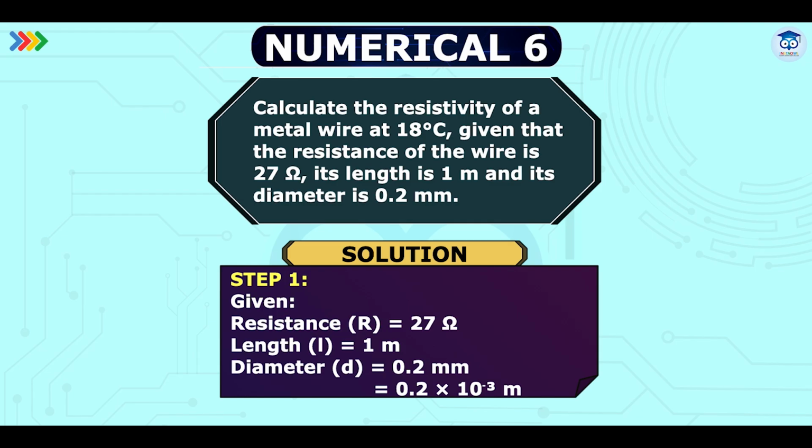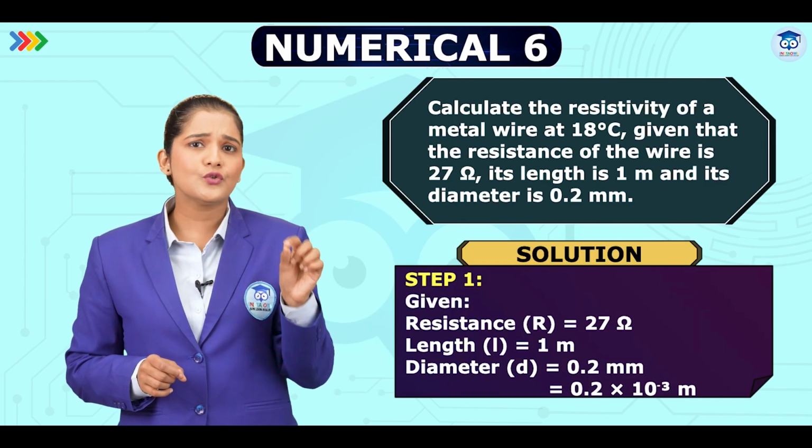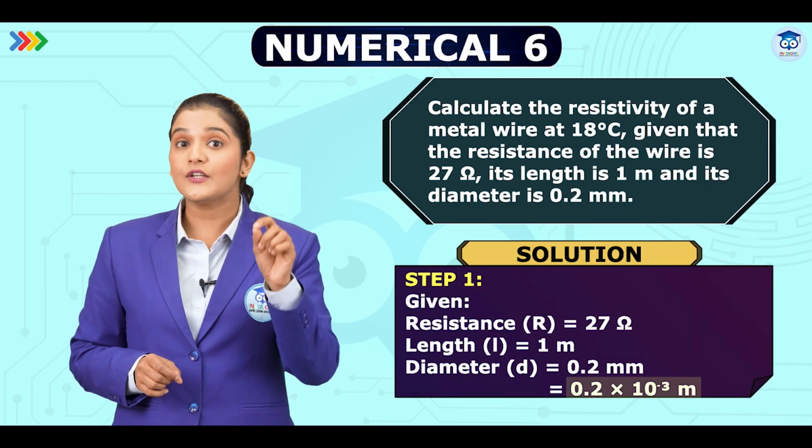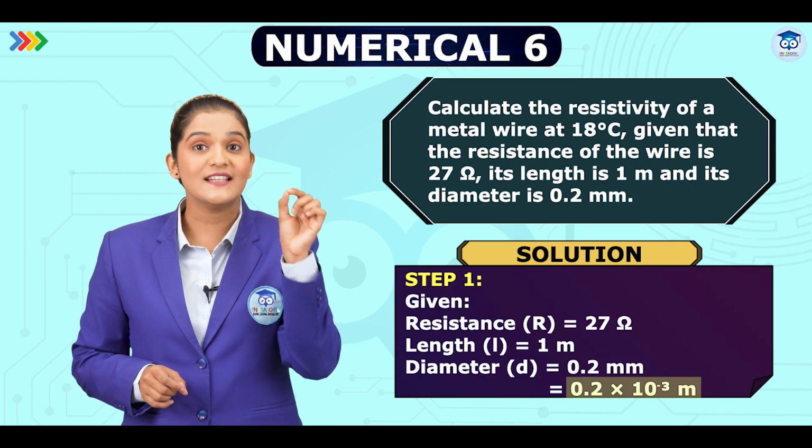The resistance R is 27 ohms, the length L is 1 meter and the diameter D is 0.2 millimeters. Since the unit of length is in meters, we must convert the diameter into meters as well. Thus, 0.2 millimeters becomes 0.2 multiplied by 10 to the power of -3 meters.